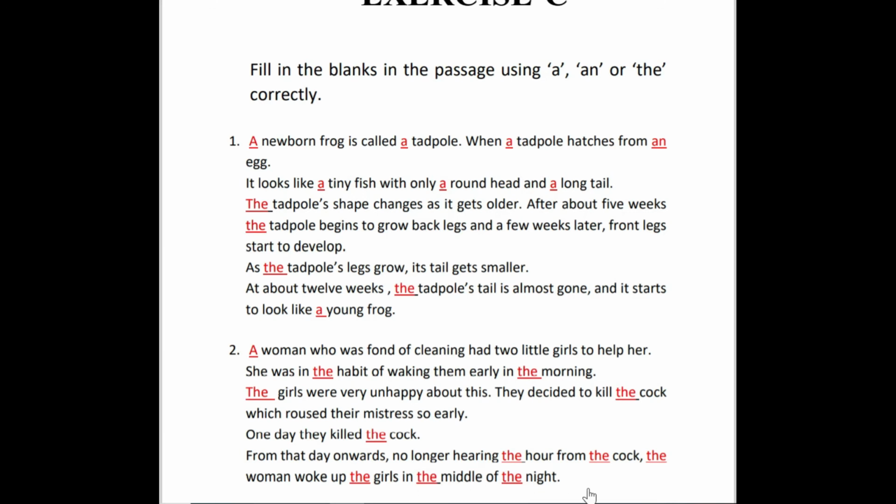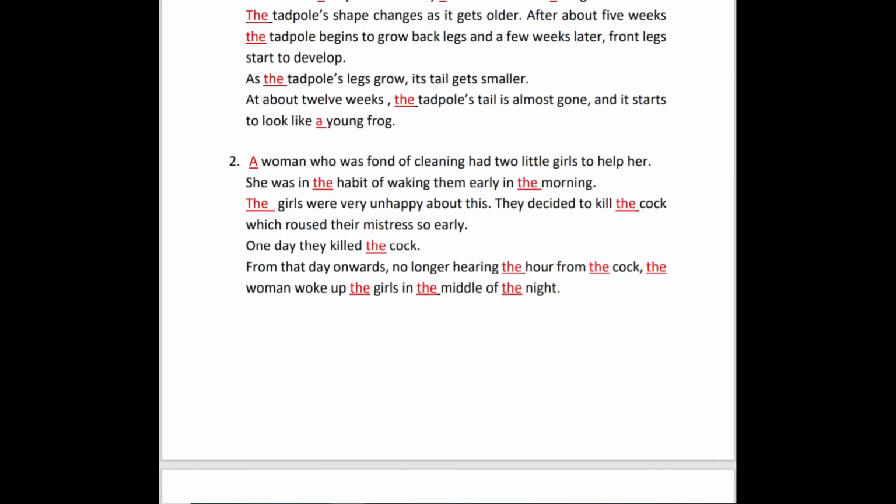So, this is all about the paragraph in which a woman who was fond of cleaning had two little girls to help her. She was in the habit of waking them early in the morning.